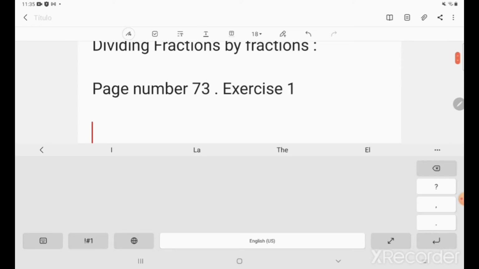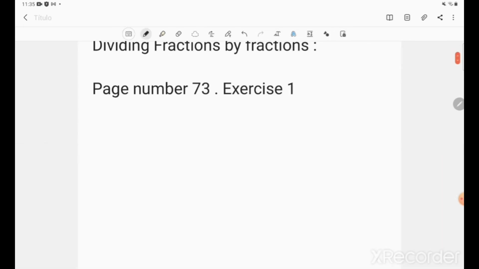Okay, so you can follow there. This exercise is dividing two fractions, as you see here, fractions by fractions. So the first fraction is 1/3, and is dividing a second fraction that is 4/5. Okay, the key for solving this kind of divisions is the X method.